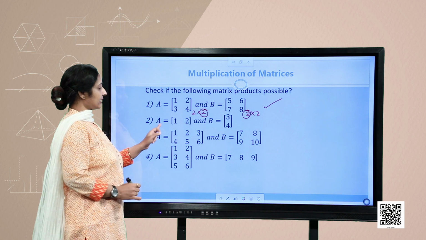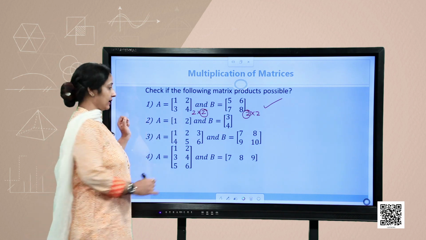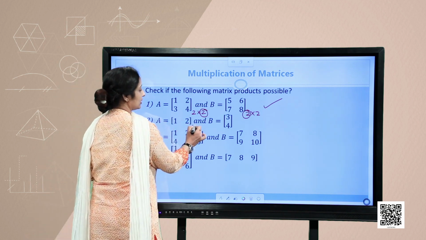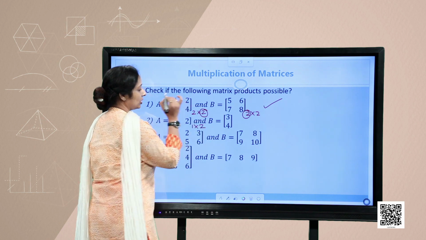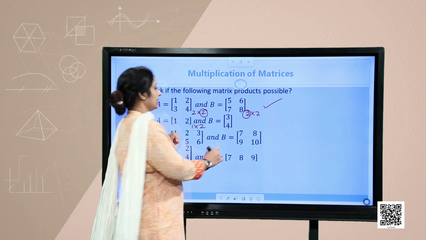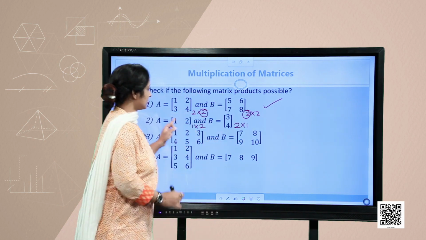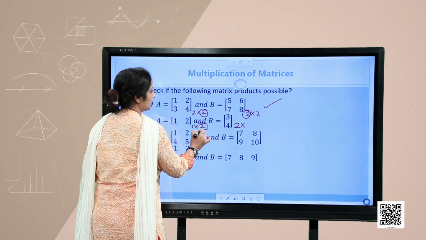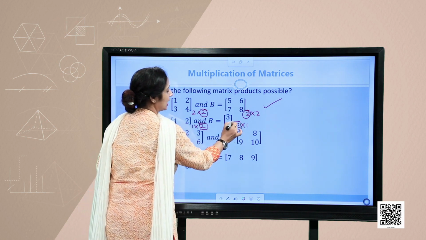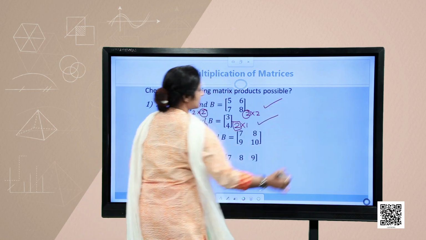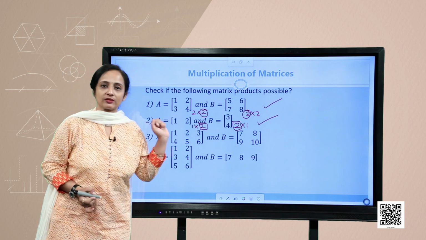For the second case, I am given matrix A as 1, 2. Its order is 1 row, 2 columns, so 1 by 2. In the second matrix, I am having order as 2 by 1. So again, this 2 and this 2 are equal. So this matrix product is also possible.